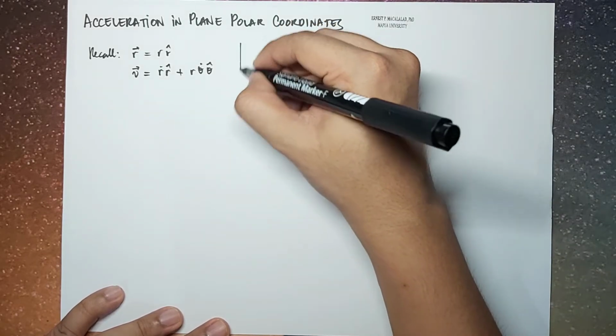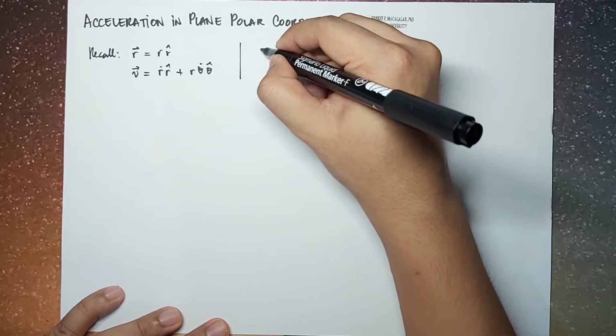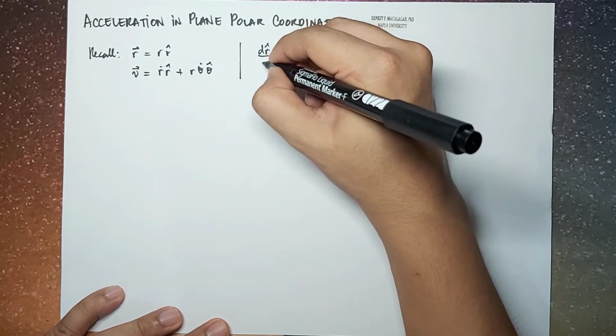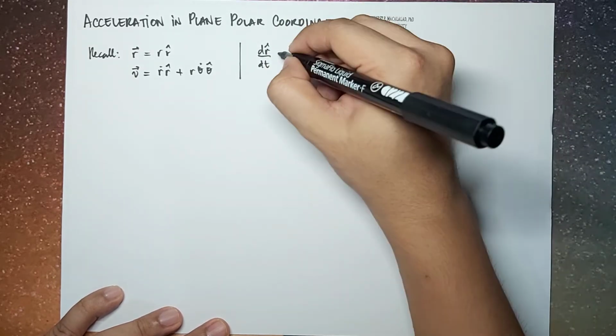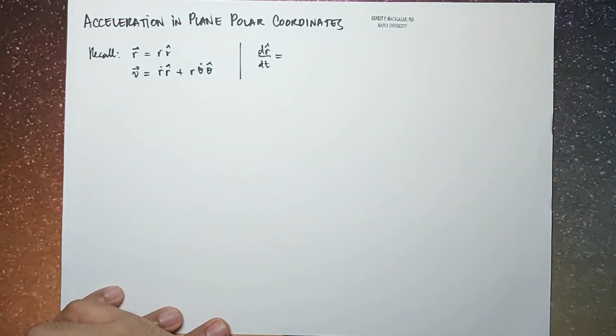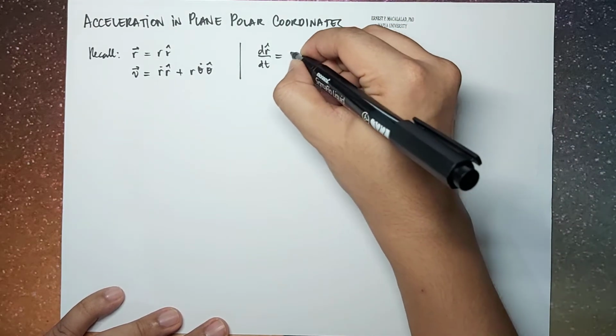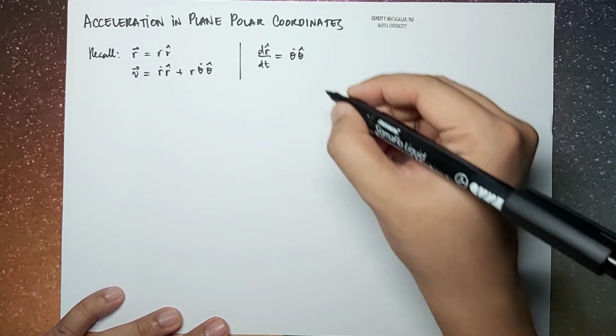Also, we talked about in the previous video how the radial unit vector r hat changes with time, and we found out that this is equal to theta dot theta hat.